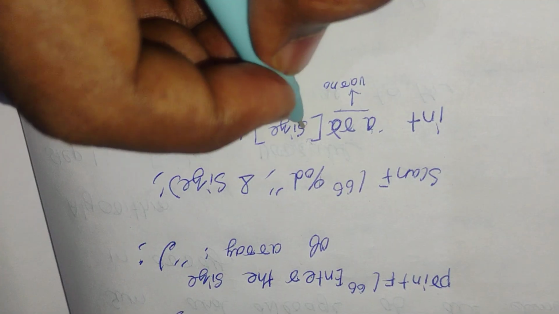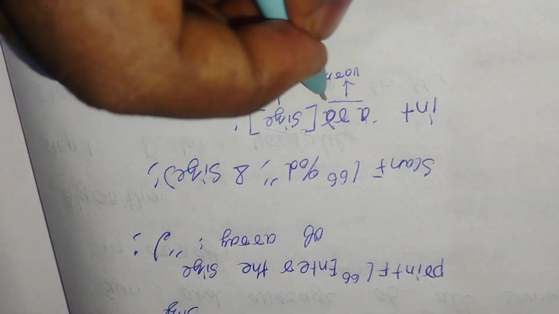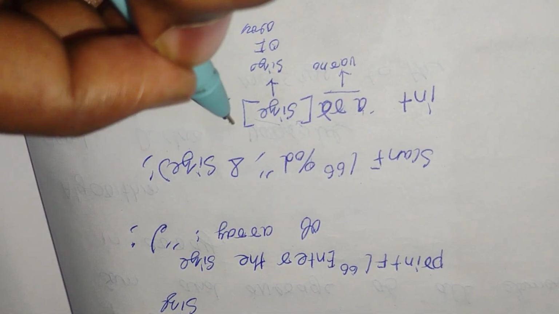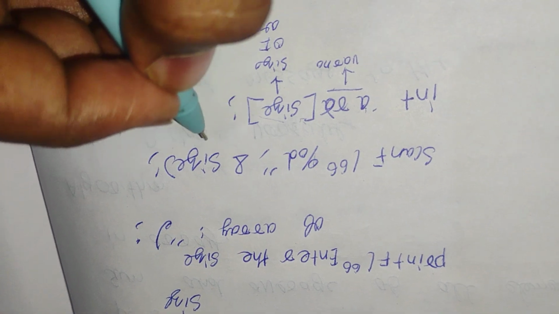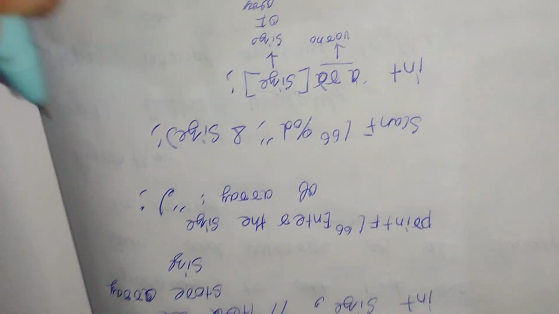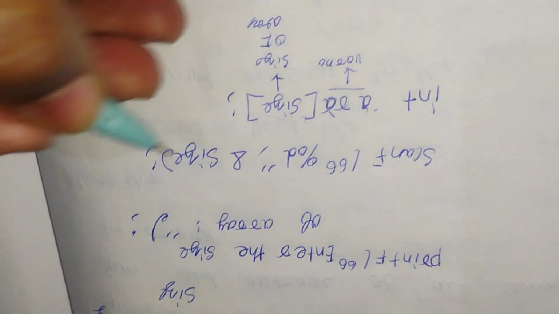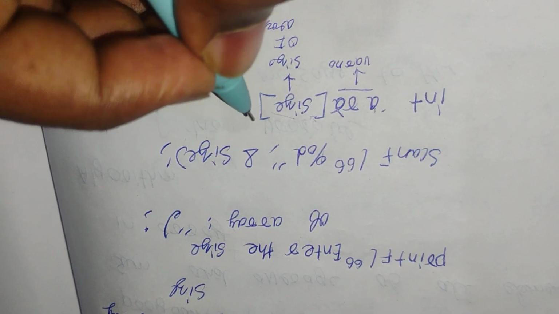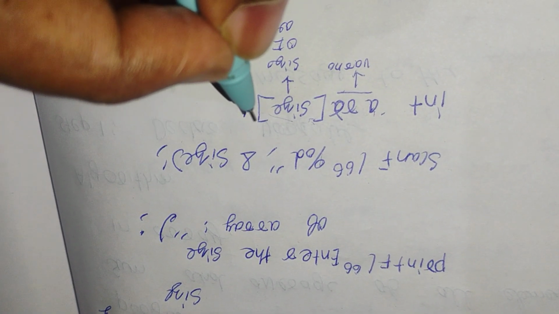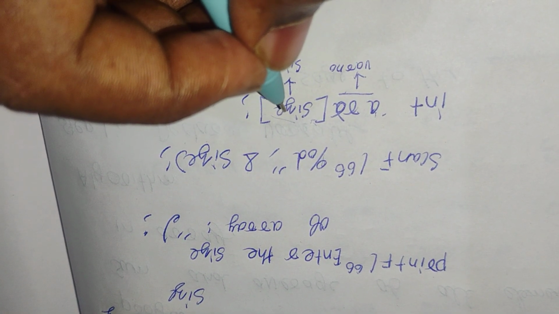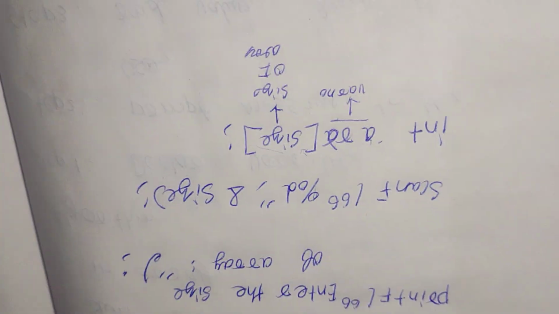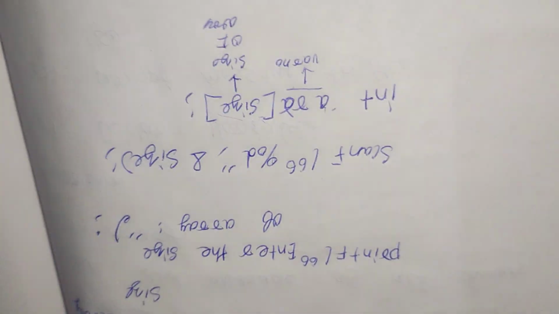The square brackets represent that the variable we declared is an array. And I want to talk about one thing: if the user enters the size of this integer variable, let's talk about this in a different scenario.